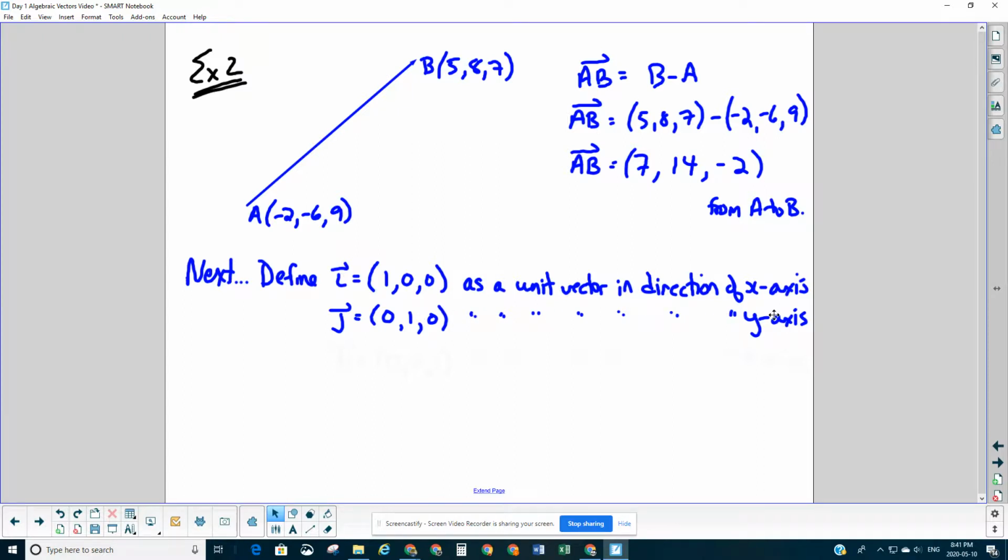And I imagine you can figure out what it is in the z-axis. We have a new vector called the k vector, 0, 0, 1, and it's the unit vector in the z-axis. So again, we can take this vector here and describe it as the components of i, j, and k.